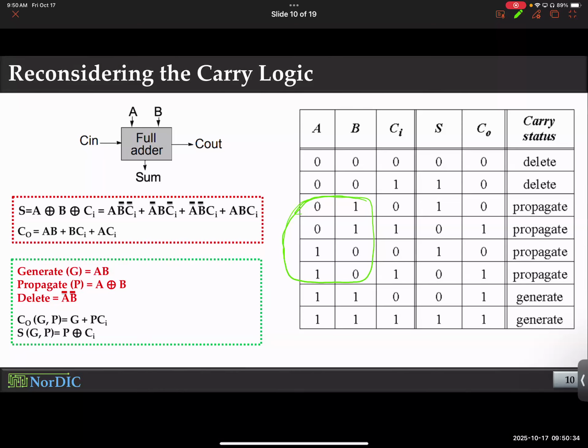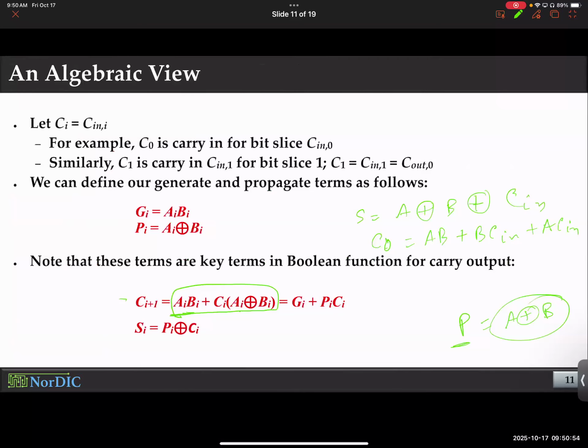Notice, for these 4 combinations, you basically propagate the carry. What that means is your carry in is basically copied to carry out. So they're trying to correlate this observation to a mathematical representation. Okay, so I'll show you what it means.